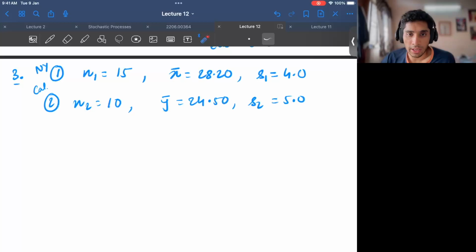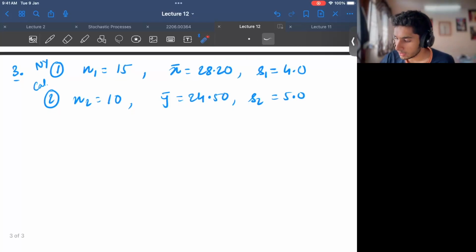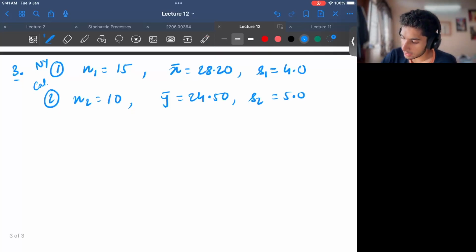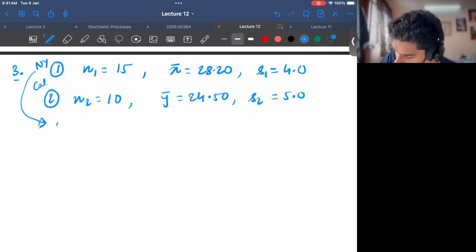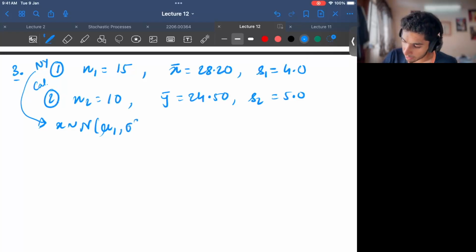The question asks you to find the value of test statistic and the critical point at 5% level of significance. Assume that the two populations are normally distributed and that the standard deviations of the two populations are equal. So let us denote the random time spent by children in New York as X, normally distributed with some unknown mean mu1 and some sigma square.